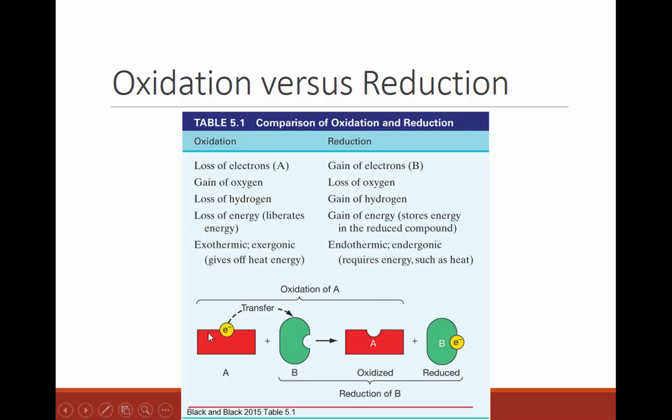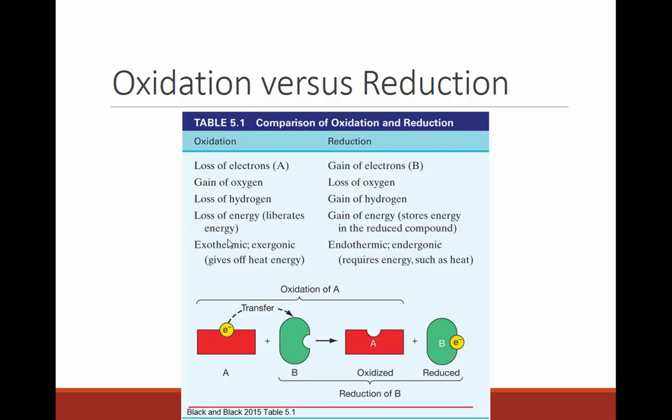This is a really nice table to compare oxidation and reduction. With oxidation you've got gain of oxygen, loss of hydrogen, and loss of energy; it's exothermic. Exothermic or exergonic means that it gives off energy, heat energy specifically. If you add two chemicals together and it's an oxidation reaction, then typically the solution will become warm.